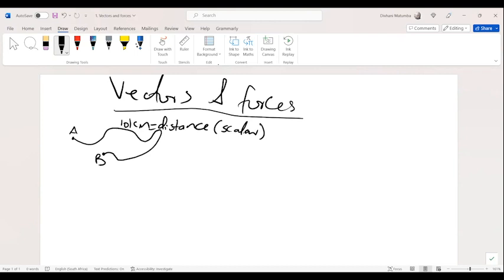From here to there, let's say it's 2 kilometers. From A to B, that is a vector magnitude of a distance. If you check from point A to B, there's a specific direction.